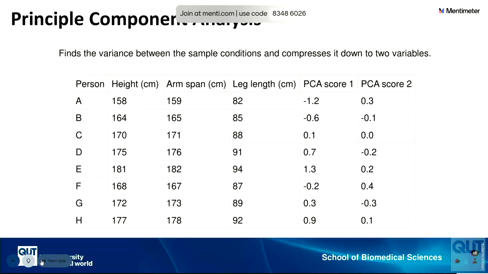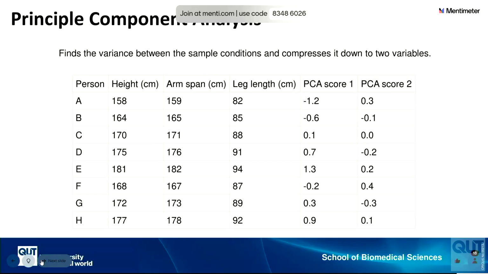So, in terms mathematically of what you might want to understand, you have all your different columns that relate to a different sample. So let's say, for instance, we're looking at the different variables of a person, such as their height, their arm span, leg span, maybe we go for BMI, weight, lung capacity, things like that.